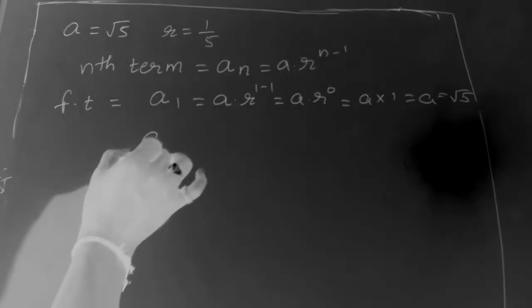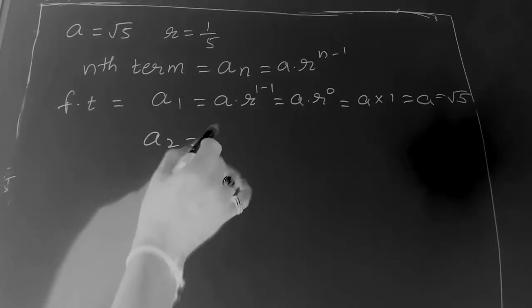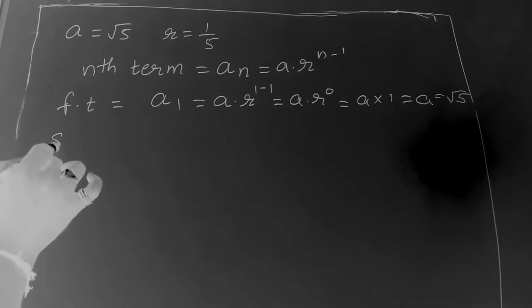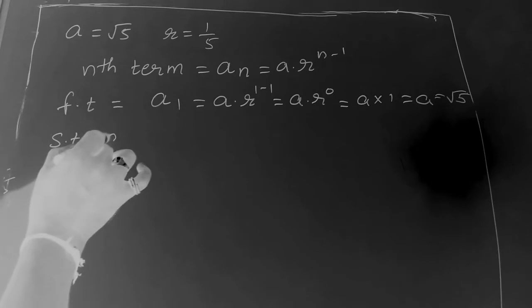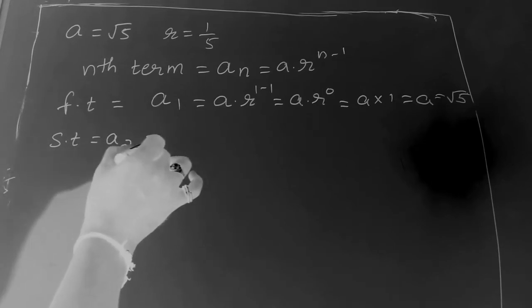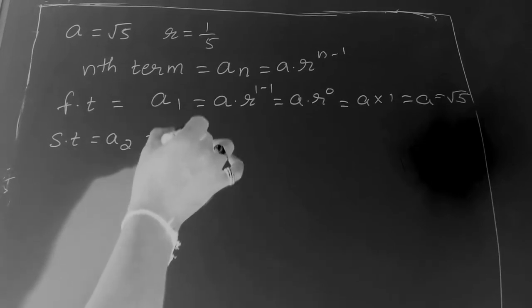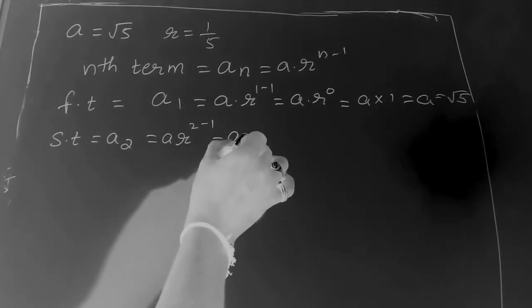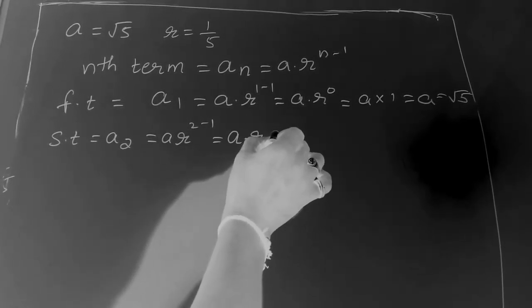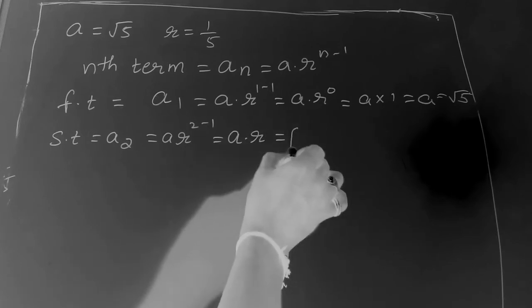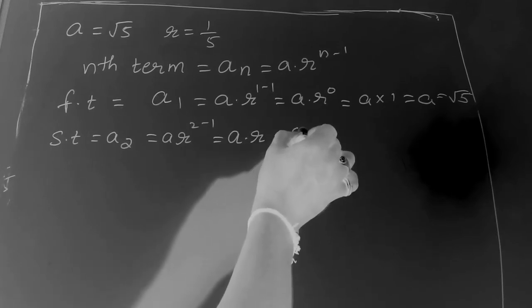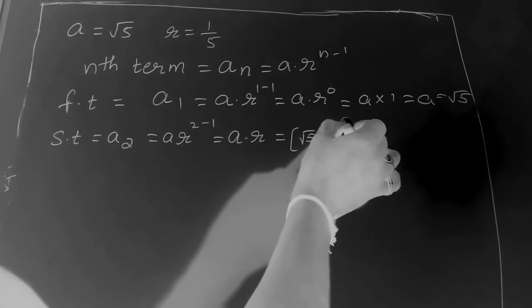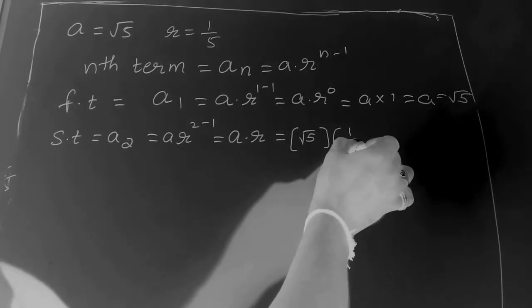Now a2, the second term, is a into r to the power of 2 minus 1, that is a into r. Here a is root 5 and r is 1 by 5.